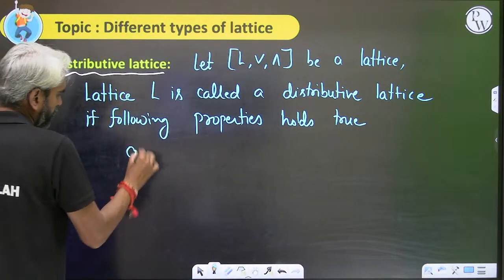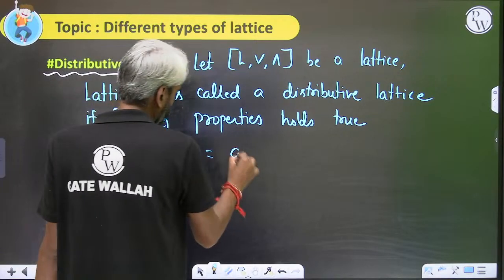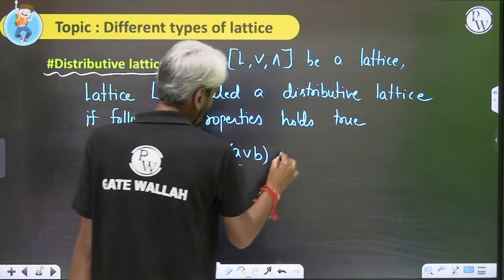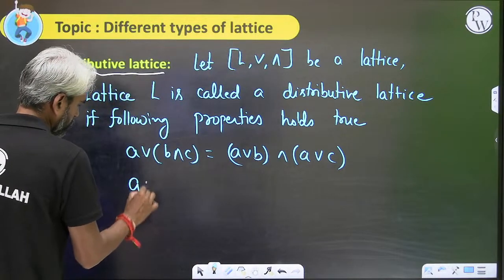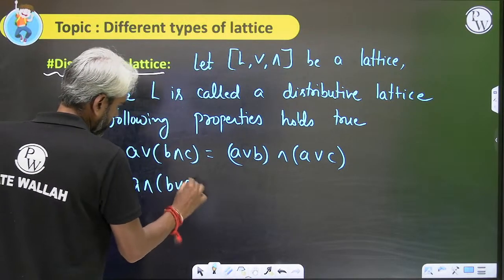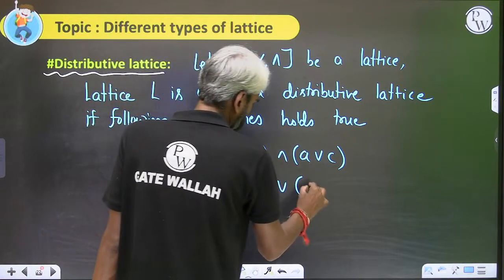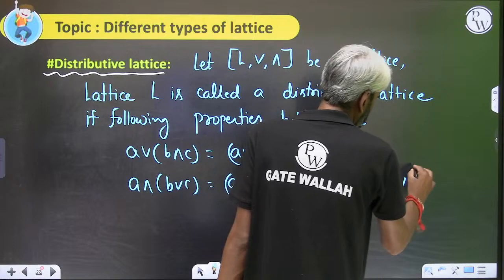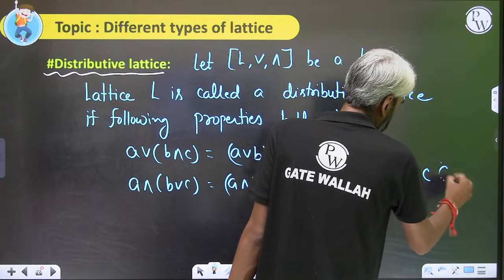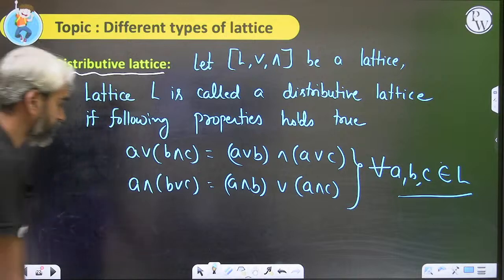What? The least upper bound of A with the greatest lower bound of B and C equals, for all A, B, C belonging to set L. That is what a distributive property is.